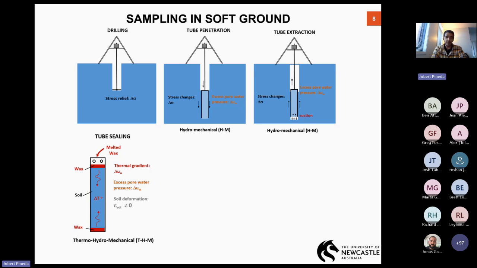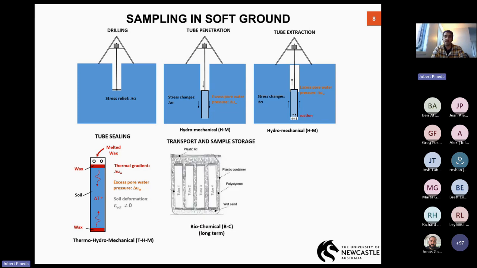In the case that we do have volume change inside the soil, because you have cracks or cavities, then we also have soil deformation here, and this changes the density of the natural soil that we want to test further, and from which we want to obtain soil parameters for geotechnical design.